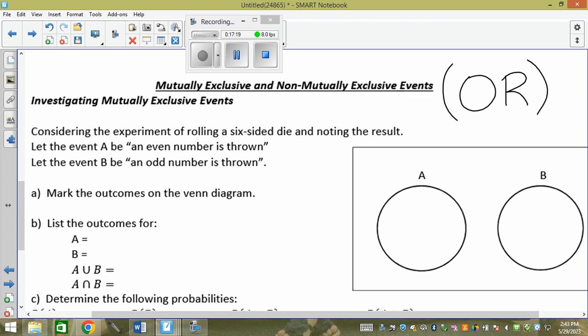So, what are the outcome options we have in set theory? 1, 2, 3, 4, 5, 6.